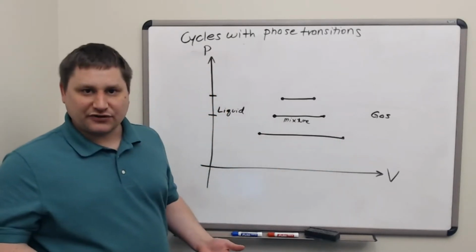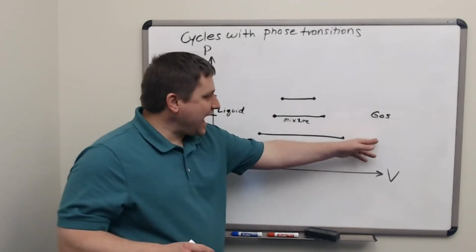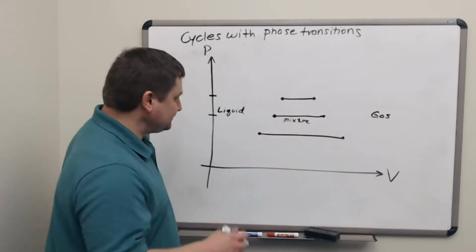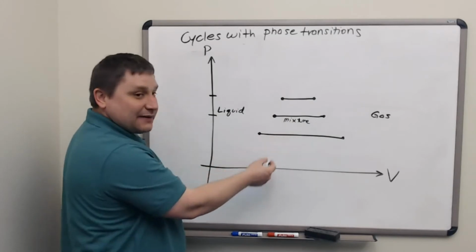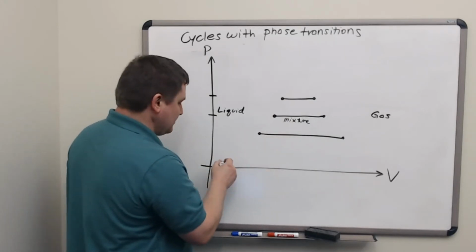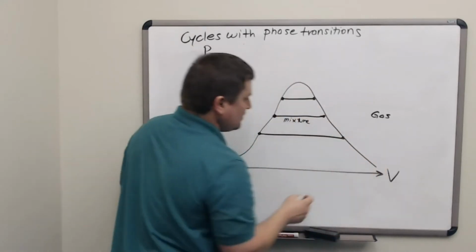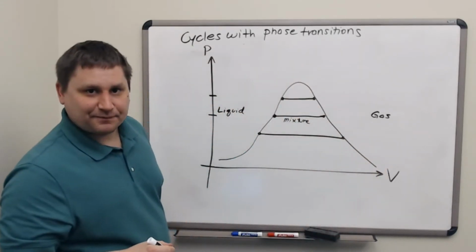As we go to lower pressures, the transition point from gas to some liquid occurs at even higher volume. This family of segments here forms an envelope. That looks something like this.